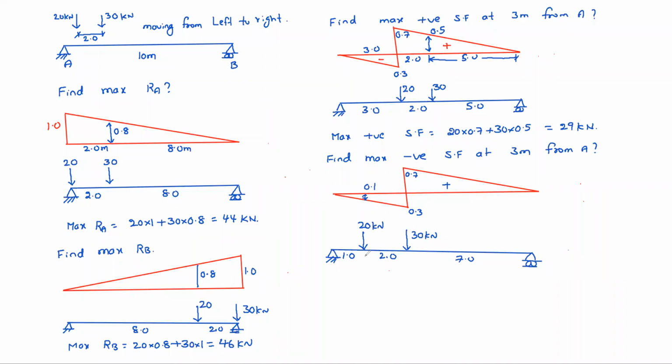Okay. So maximum negative shear force equal to 30 into 0.3 plus 20 into 0.1. Okay. 30 into 0.3 is 9, 20 into 0.1 is 2, 11 kilonewtons. That is negative. Okay, negative 11. So negative shear force is 11 kilonewtons. Clear?